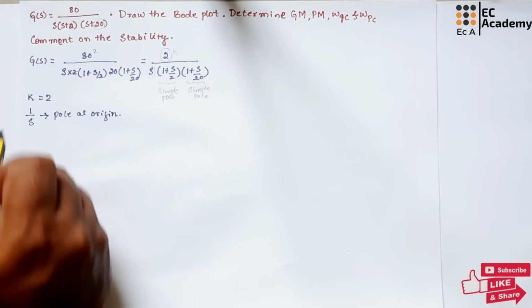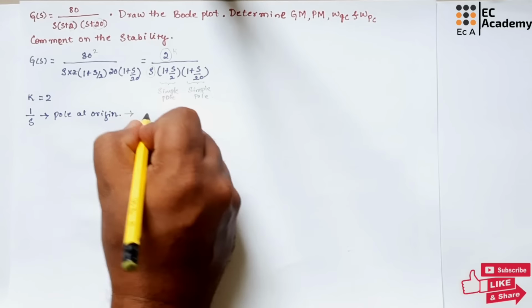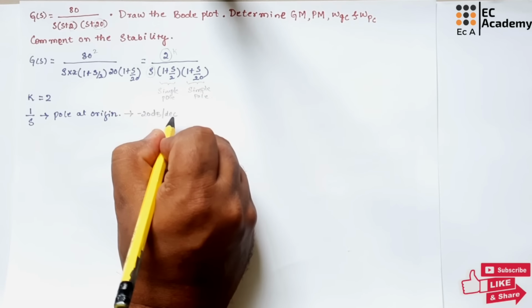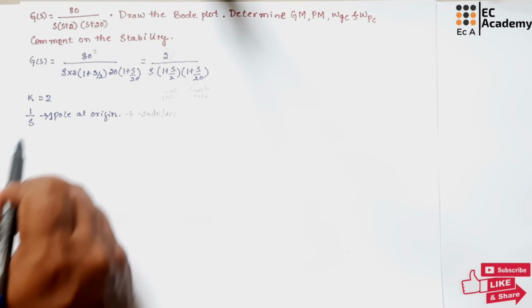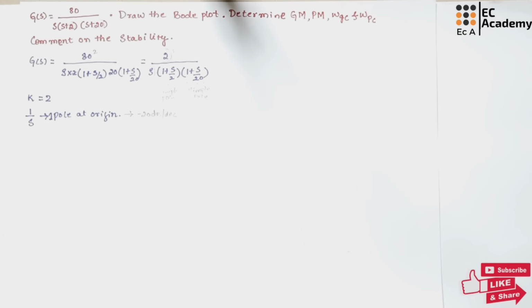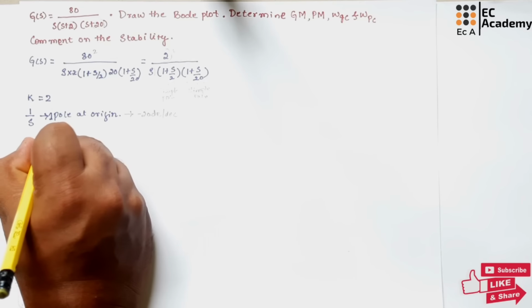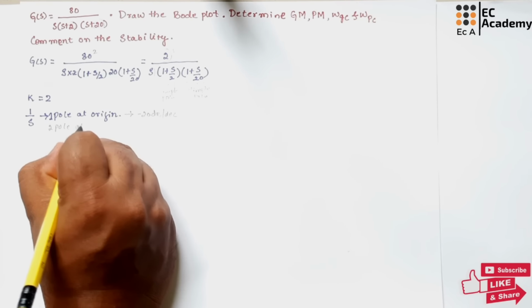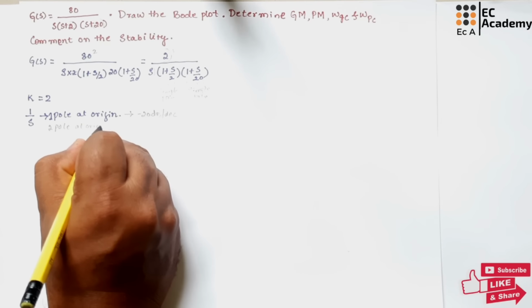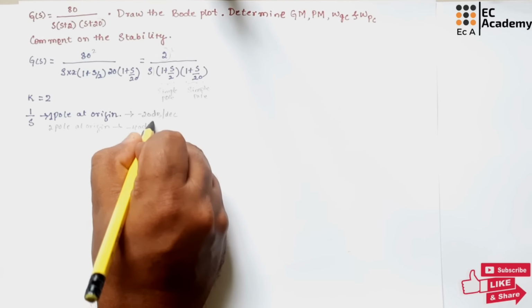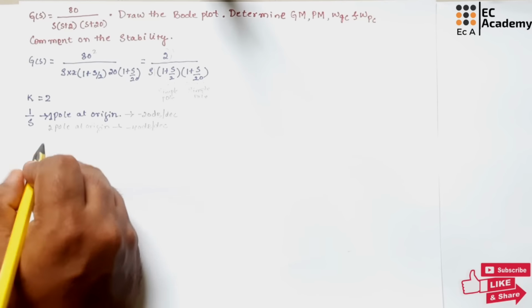So you need to remember, due to this single pole there will be a minus 20 dB per decade slope at the origin. Since there is one pole, we will be having minus 20 per decade slope at the origin. If there are, let us say, two poles in the transfer function at origin, we will be having minus 40 dB per decade slope at the origin.